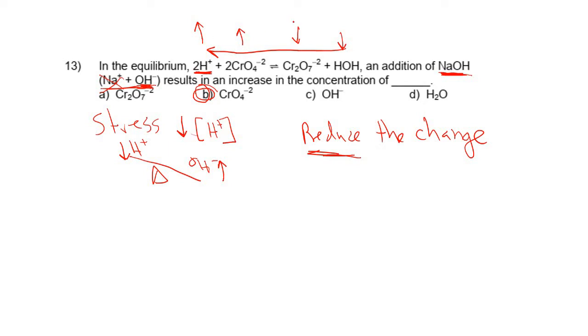So this goes up, and then these go down. Why? Because we're consuming these guys to make these guys. Remember our analogy of sandwiches. I got to use up bread and bologna to make more sandwiches, or vice versa.